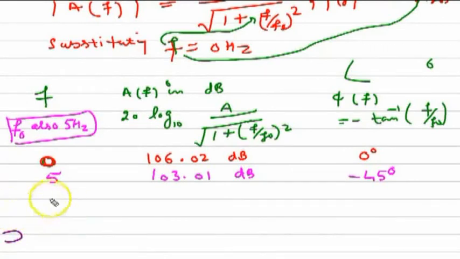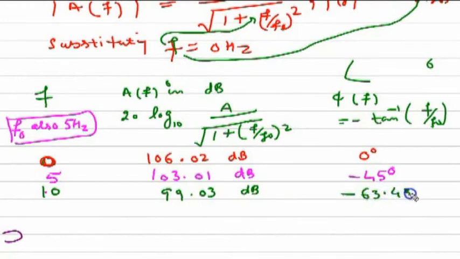Now we take the value of 10 Hz. With 10 Hz, the gain comes down slightly more, to 99.03 decibel, whereas the phase again changes by a large value, from minus 45 to minus 63 degree.